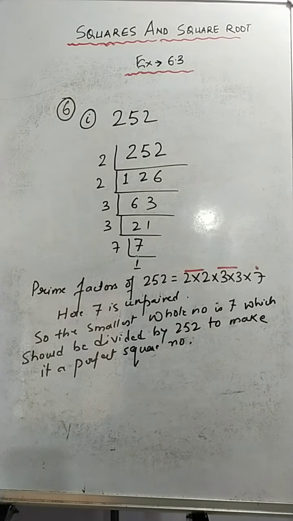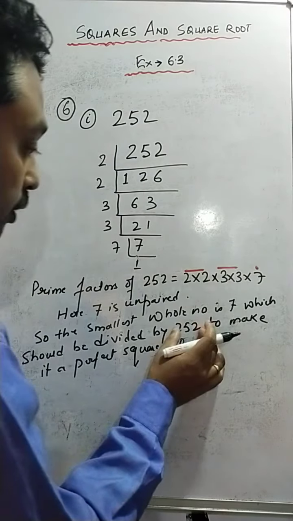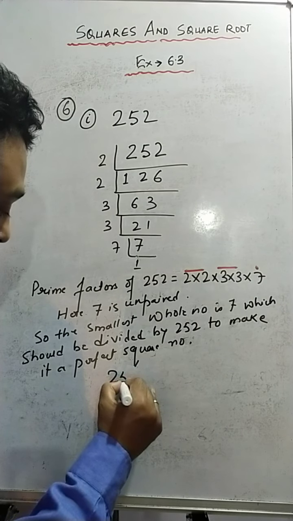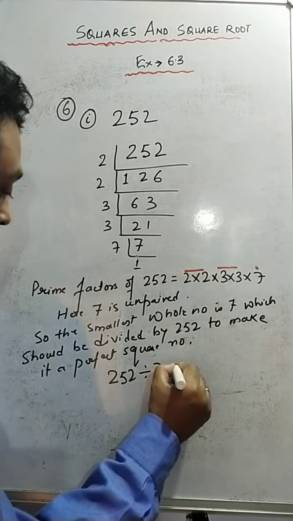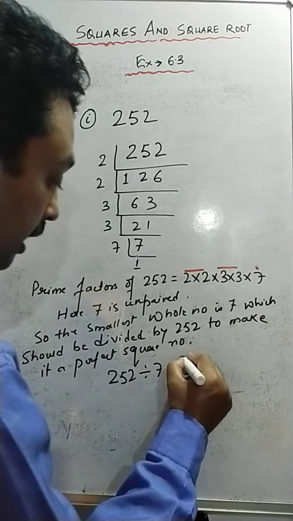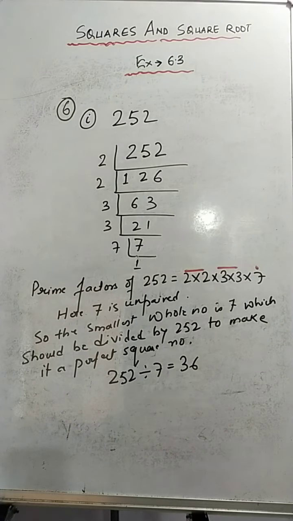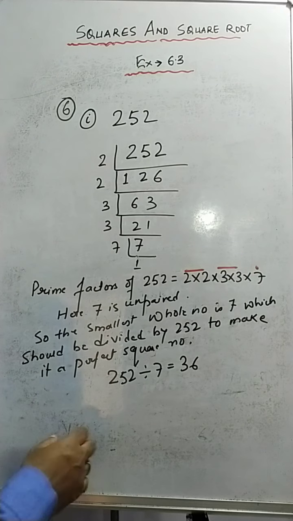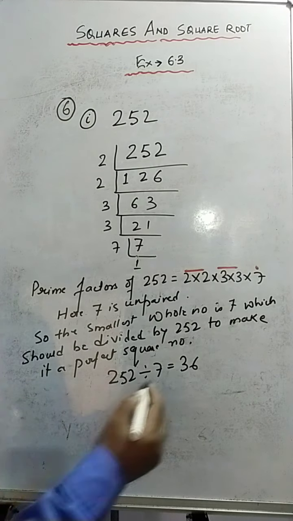Okay, so now we'll divide 252 by 7. 252 divided by 7, so what answer will we get? 36. Fine. So 36 is the answer. Fine. So 7 is the smallest whole number by which 252 is divided to make it a perfect square. Okay, now the answer is 36.